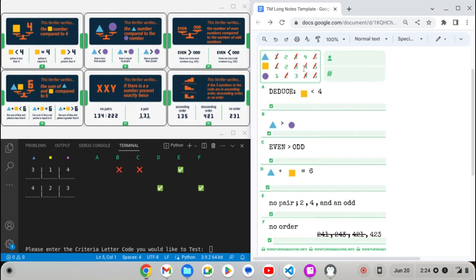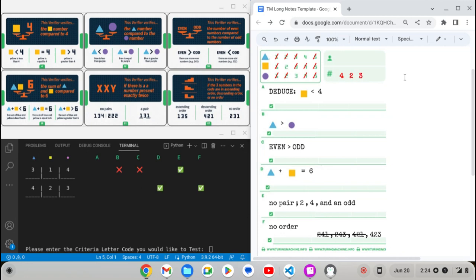And then that would mean that triangle has to be the 4, so that the sum is 6. So it's 4, 2. And of course, there's no order, so that means it wouldn't be a 1, because that would be descending. Okay, so yeah, so it looks like 4, 2, 3.